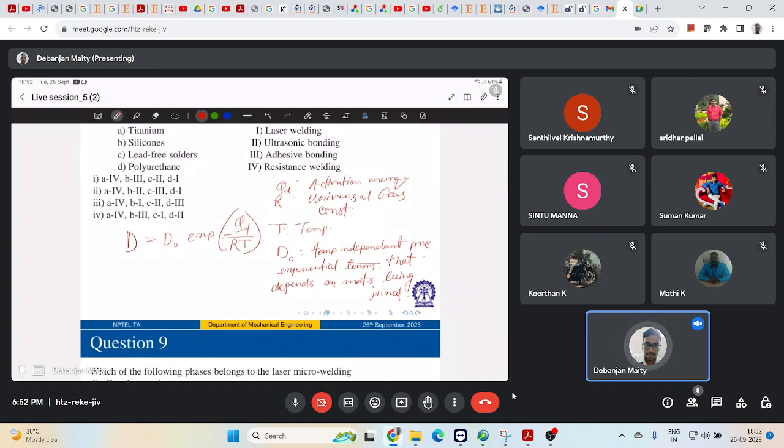Because this is a lower melting point material, it melts at a very low temperature and fills the gap between those metals. Due to capillary action and flow of those metals, they fill those spaces, right? But there will be no melting of the parent materials which you want to join. It's a kind of filler material you are using.